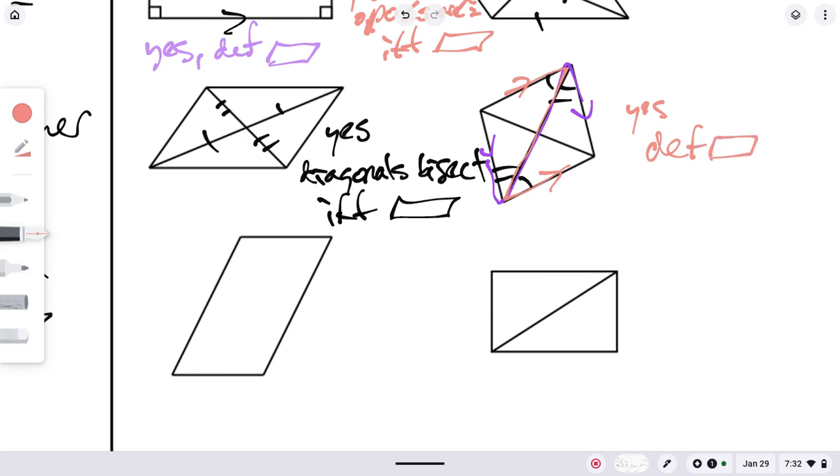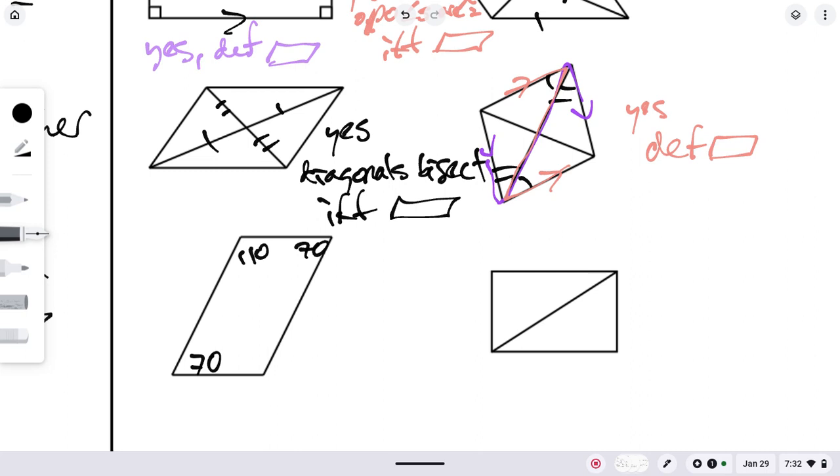Next one, 110, 70, 110, or excuse me, put the wrong number there, my bad, a 70. So I got opposite pair that's congruent. The other is 110. Now you might jump to, oh wait, that other angle has to be 110 because it has to be supplementary. But remember, we don't know that this is a parallelogram yet.